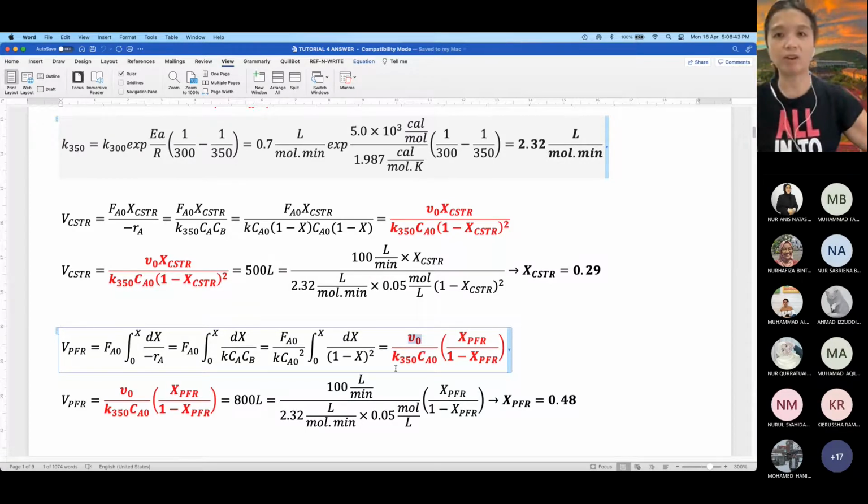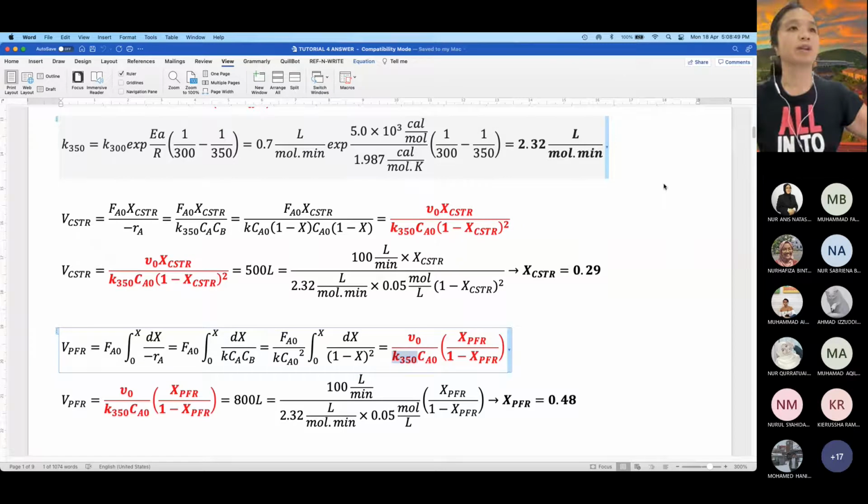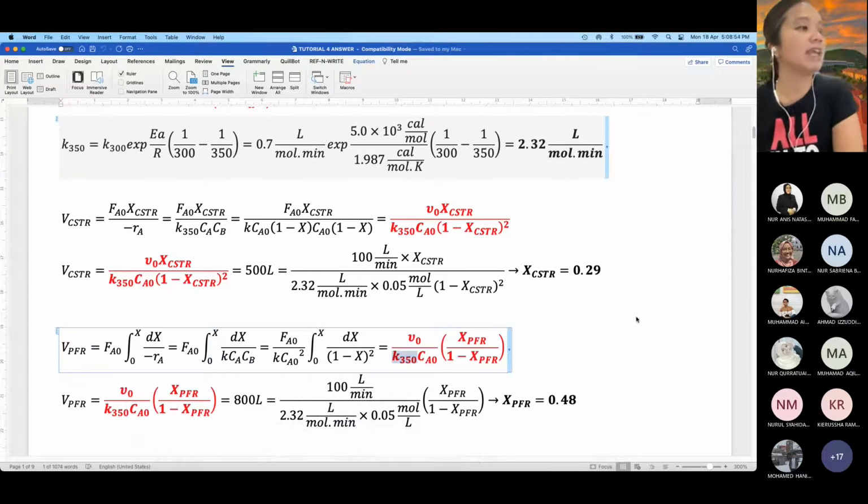Alright, so bottom. K at 350. Okay, so it's K at 350. Okay, if you don't change your temperature, of course your K is still the same. Okay, so kamu kena faham.